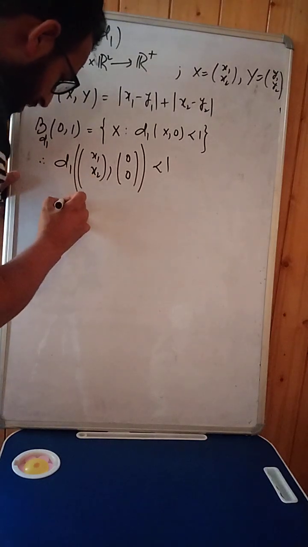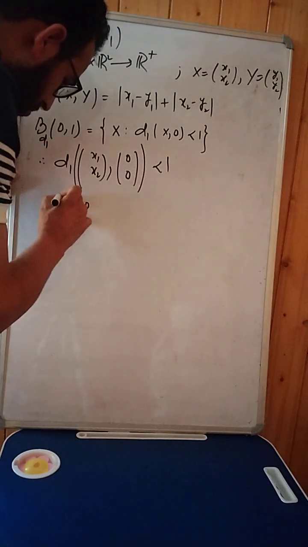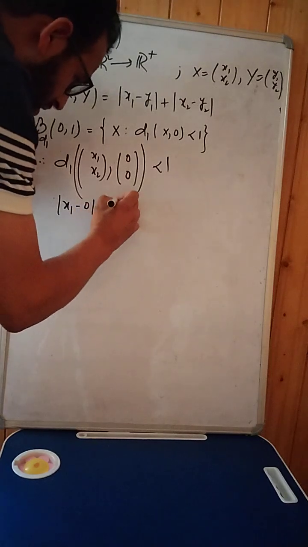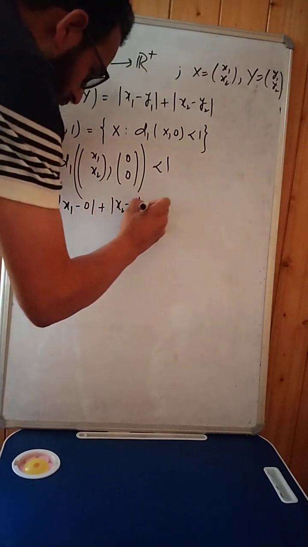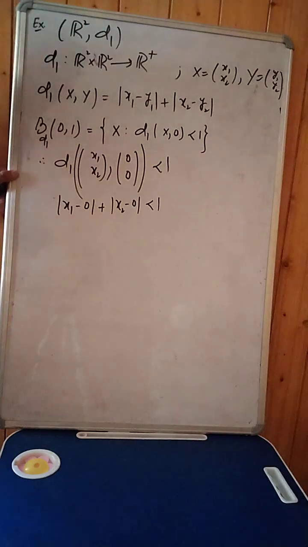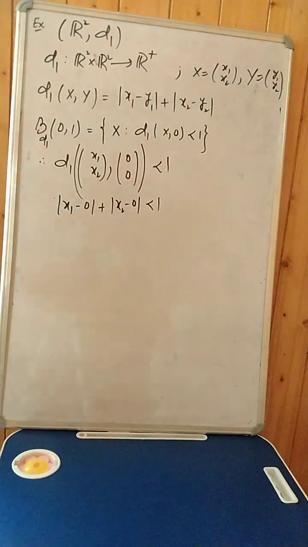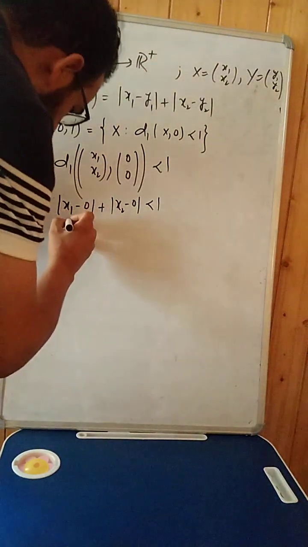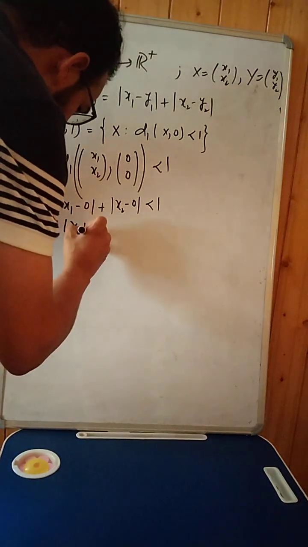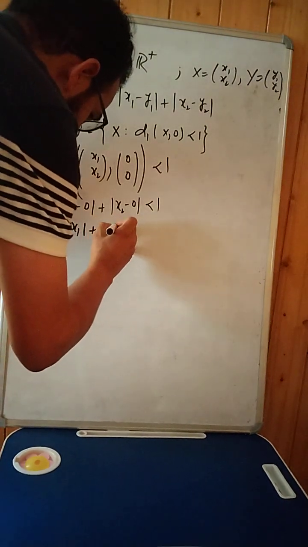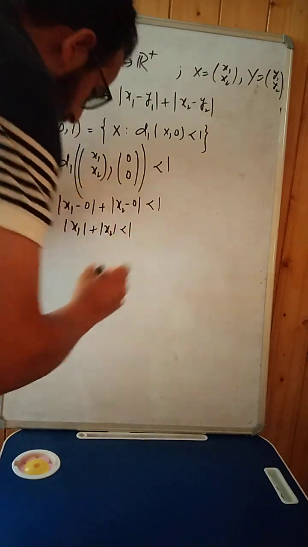That means we can write modulus of x1 minus 0 plus modulus of x2 minus 0, which must be less than 1 by the definition of the D1 metric. That is, modulus x1 plus modulus x2 less than 1.